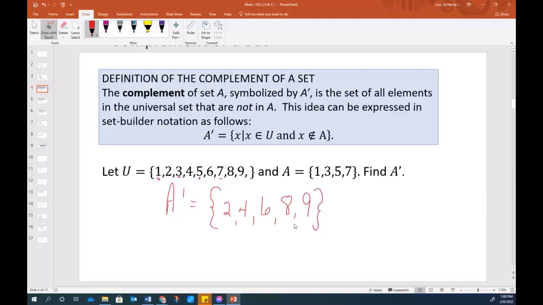I had to use things that were in U but not in A, and that is A complement. In other words, A and A complement together would make that universal set. Anytime you put a set with its complement, it equals the universal set.